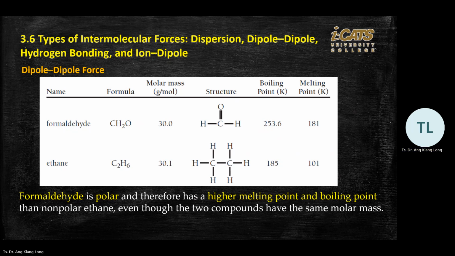Yeah. So we are now in the dipole forces. Again, these two elements you see can be drawn with 2 dots with a line or 4 dots with a double line. The only difference here is because of their polarity. So one is polar, one is non-polar.